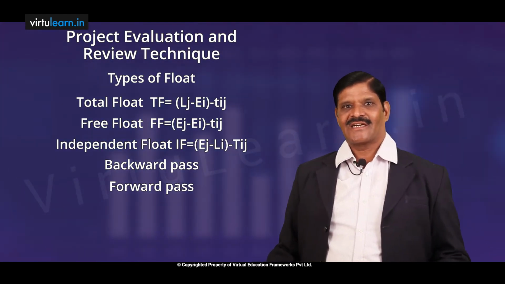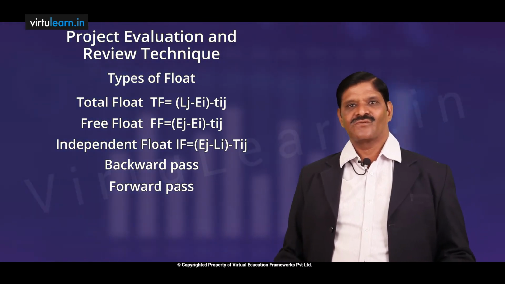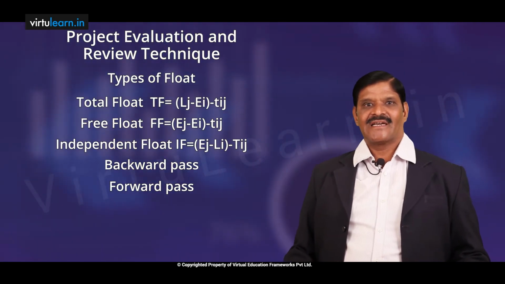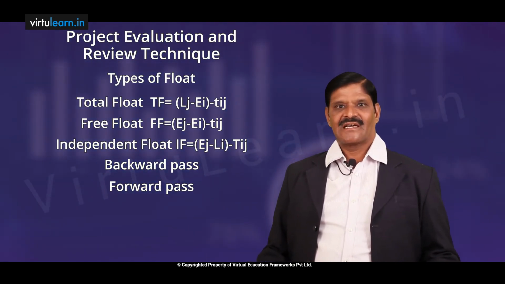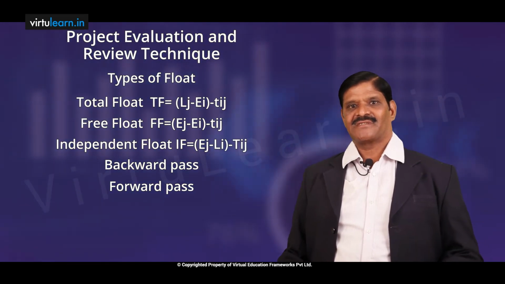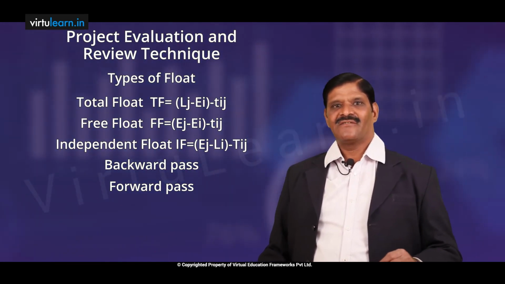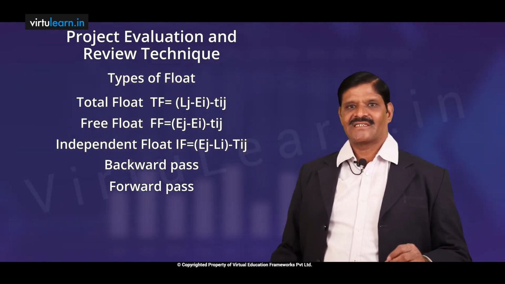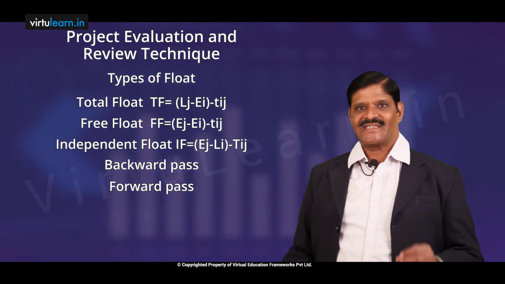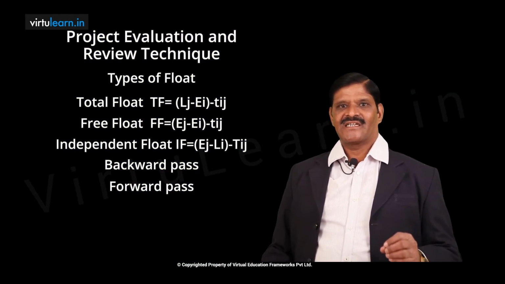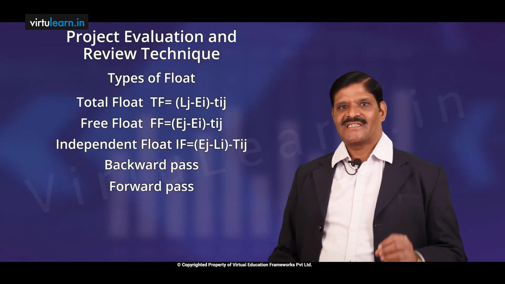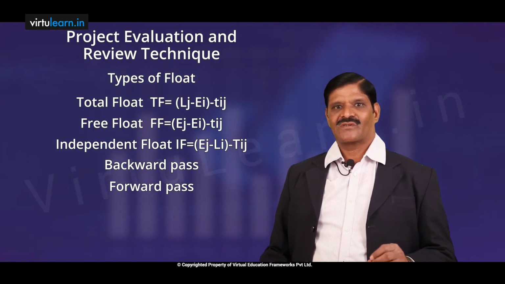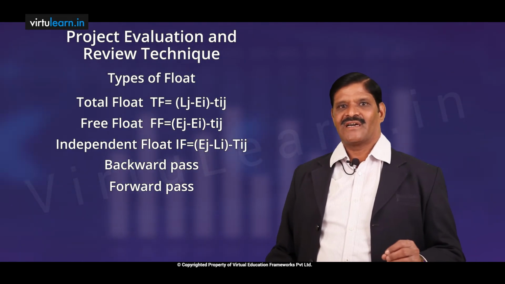So all these three time estimates are combined into one single time estimate, which we call expected time. We use optimistic time, pessimistic time and most likely time, and we calculate one single estimate of time duration of each activity, which we call TE, given by TO, optimistic time, plus TP, pessimistic time, plus 4 into TM, that means 4 into most likely time, whole divided by 6.